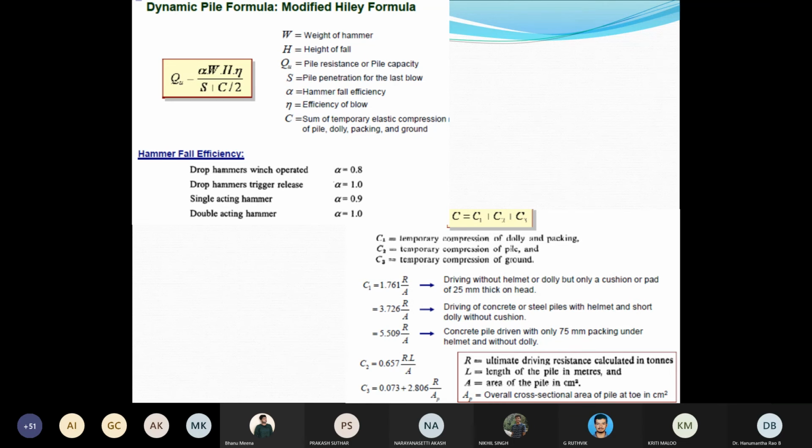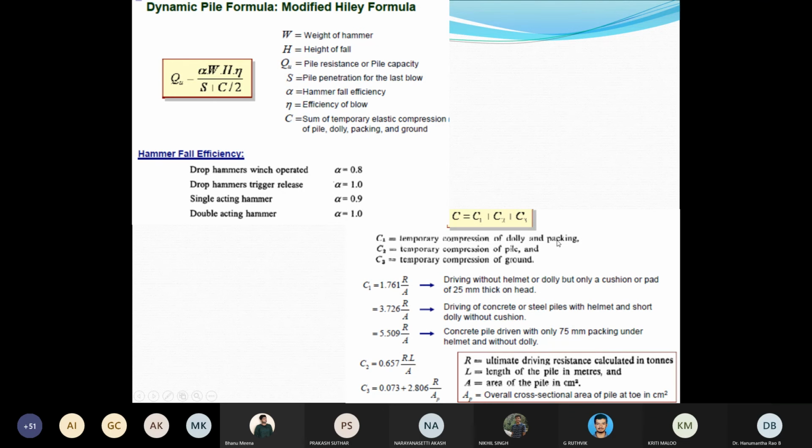But to avoid that, what should be introduced? What kind of material should be introduced between the rammer and the pile top so that there is a transfer of the energy, but at the same time the top of the concrete will not get disturbed? This is an important point. That's where something called a dolly comes in. They use dolly and packing.